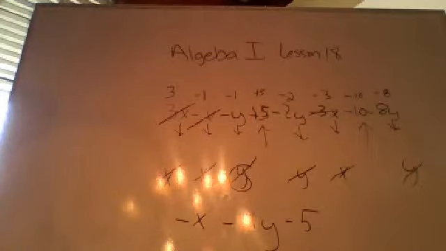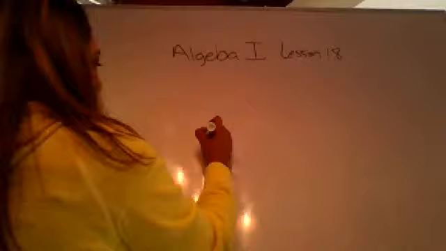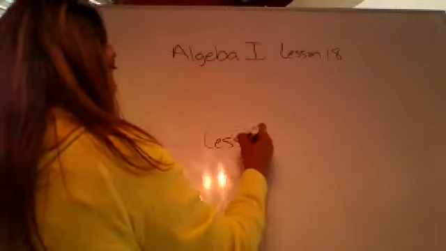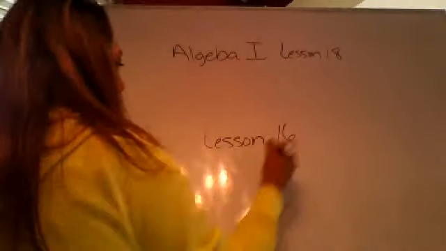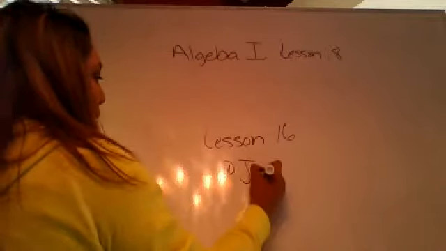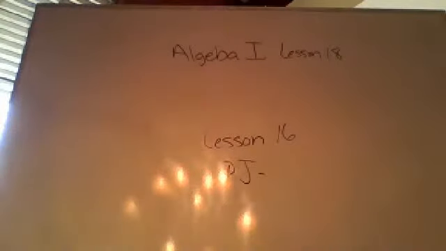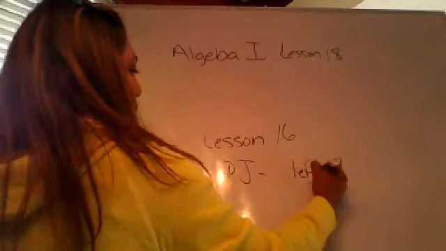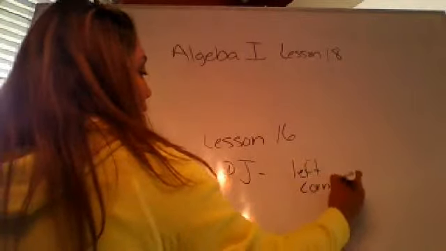Let's do 18.5. So basically, I'm going to stop here and tell you for your code on homework lesson number 16, I want you to put the initials PJ on the top left-hand corner of your homework.